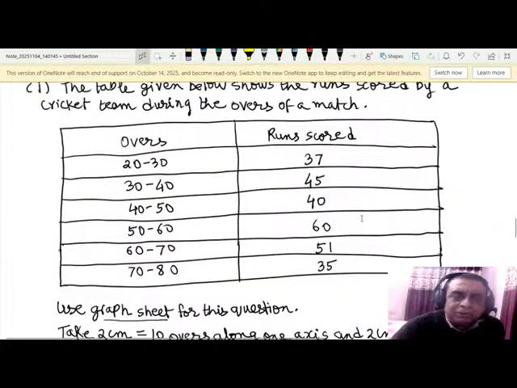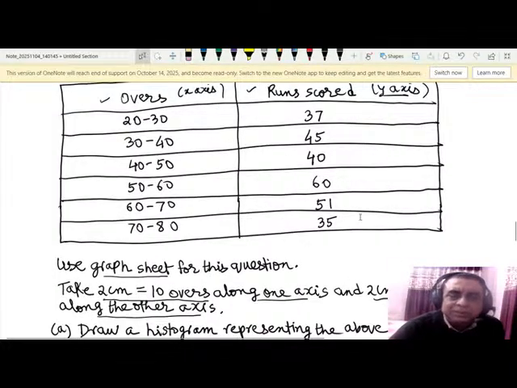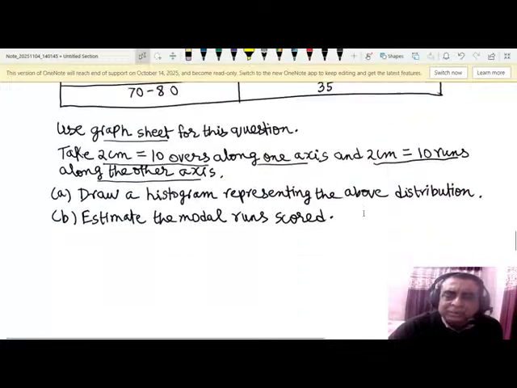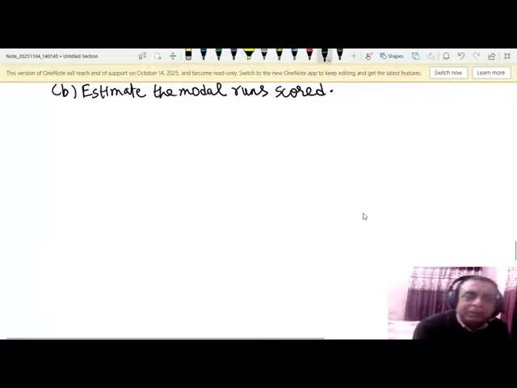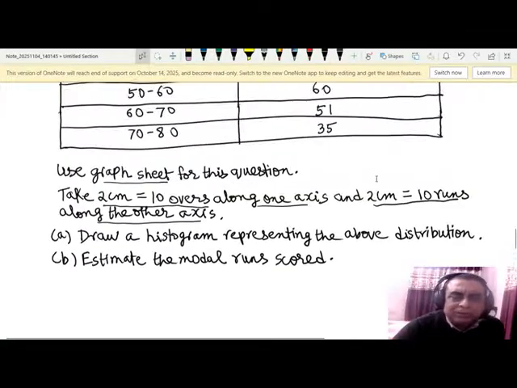So along the x-axis, we will be denoting overs, and along the y-axis, the runs scored, with 2 centimeters for each 10 overs, and 2 centimeters for each 10 runs. You have to use the scale. So here you please draw what is asked.